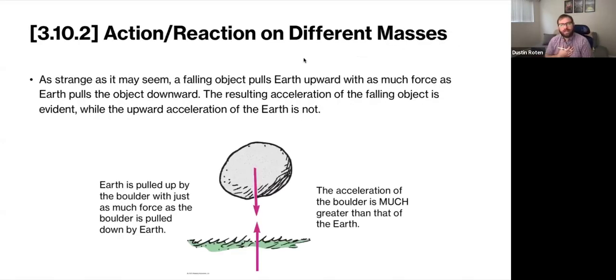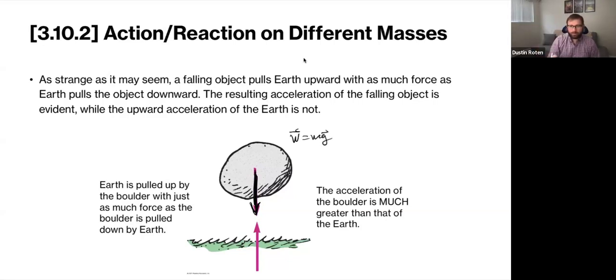And of course, as strange as it may seem, a falling object does pull the earth upward with as much force as the earth pulls the object downward. So again, whatever force the earth is pulling down with, that's going to be weight equals mg.